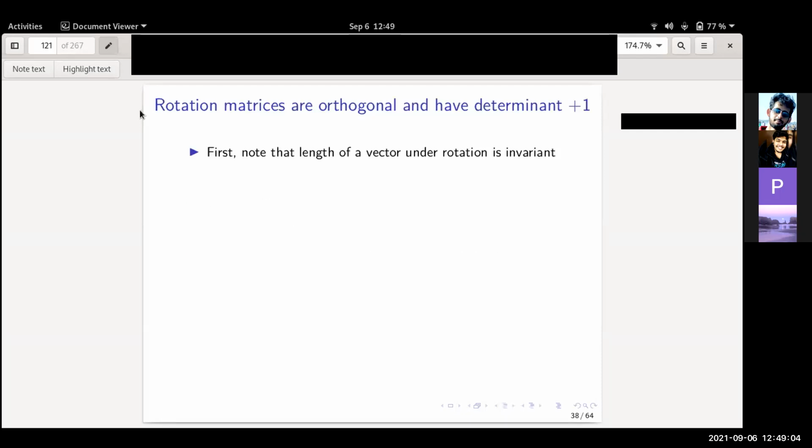So direction cosine matrices, why is the name called so? Because the matrix contains the direction cosines. Very good. And then the matrix is used for what? Transforming coordinate systems.